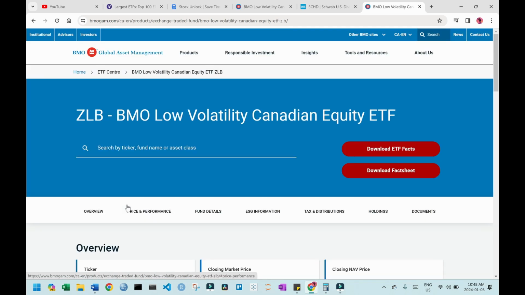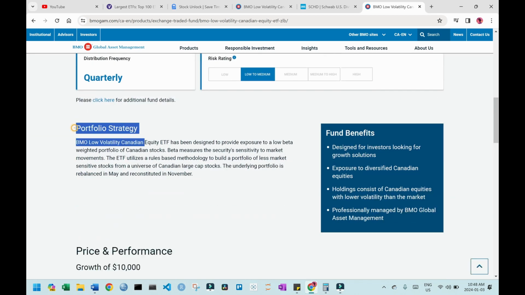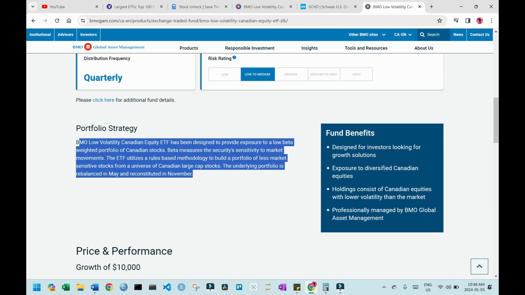You can always use third-party stuff, but sometimes it's useful to just go directly to the company that offers the ETF.